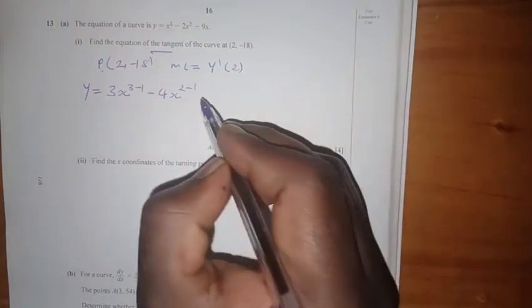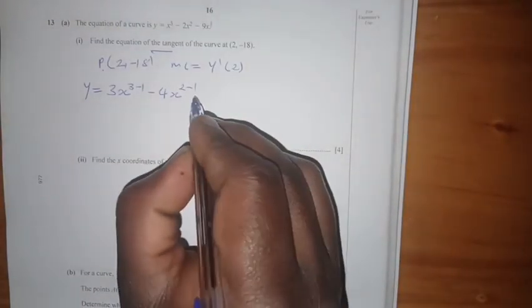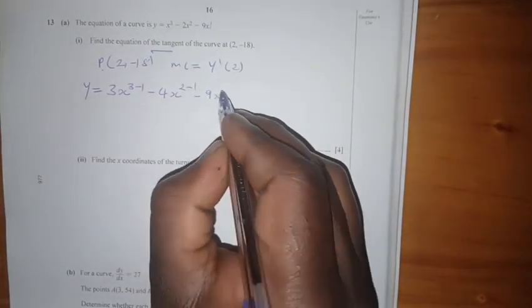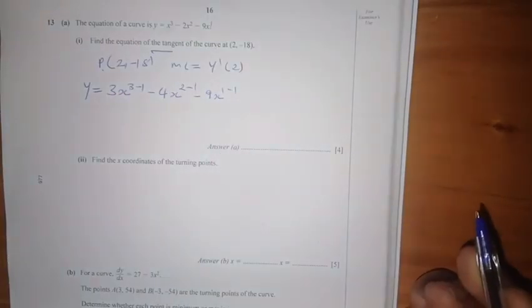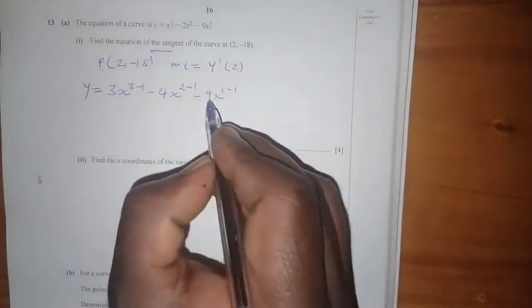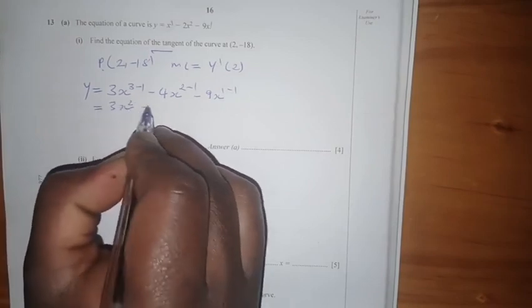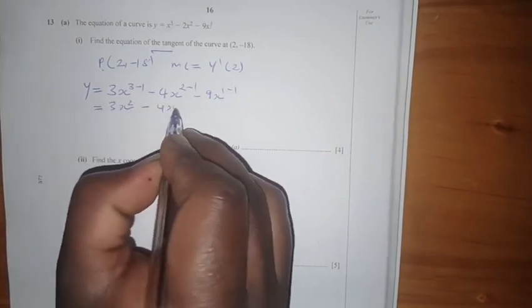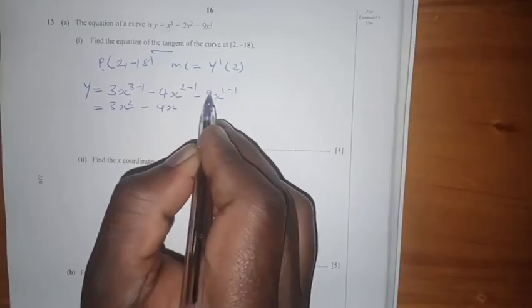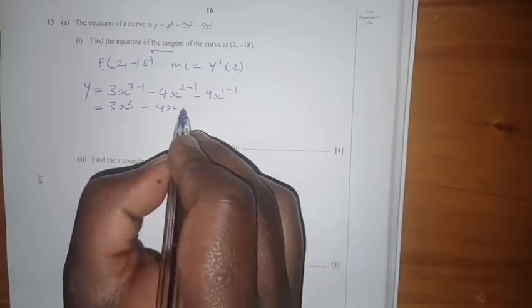And then the last one, since there is no power, the power is 1 there. So it's minus 9. 9 times 1 is 9. x to the power 1 minus 1. Well, this one is not necessary. Then you have 3x squared minus 4x. Then x to the power 0 is 1. And then 9 times 1, it's 9. So this is minus 9.